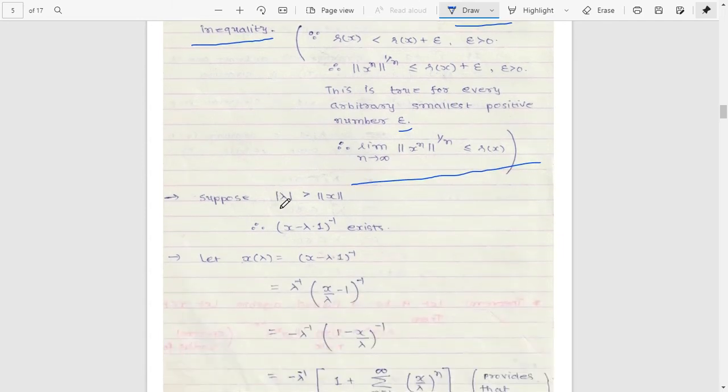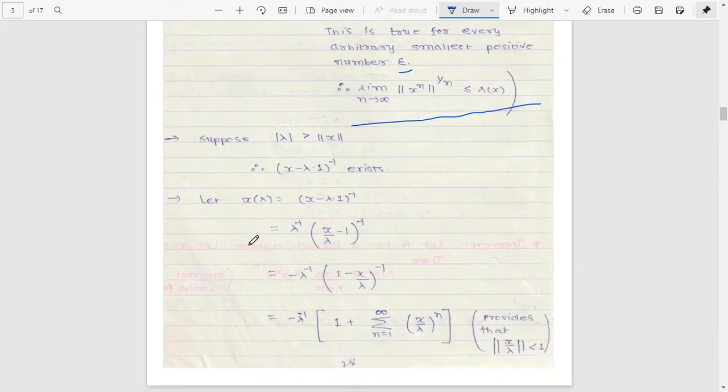Suppose mod lambda is greater than norm x. So x minus lambda into 1 inverse exists. Let x_lambda equal x minus lambda into 1 inverse. Now taking out lambda, we get lambda inverse into x upon lambda minus 1 inverse. Taking out minus, we get minus lambda inverse into 1 minus x upon lambda inverse.